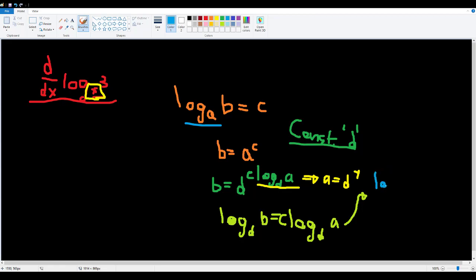So log d of b divided by log d of a equals log base a of b.